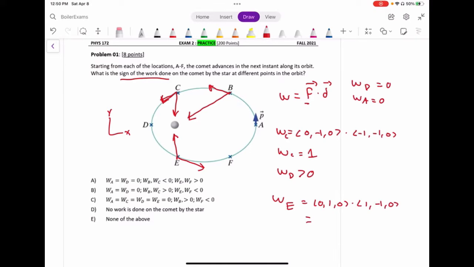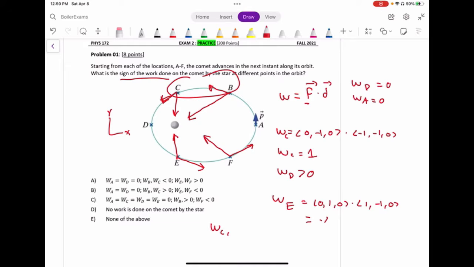This is going to be 0 times 1, plus -1. So -1. And then same thing for F. And this is because they're pointing in opposite directions, so you're going to get a negative work. So C and B are going to be positive.